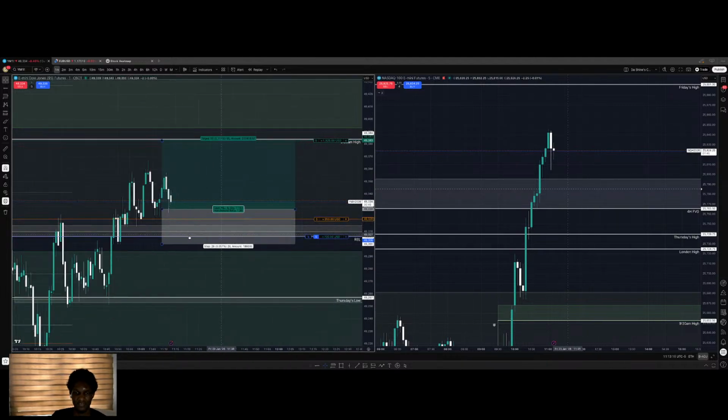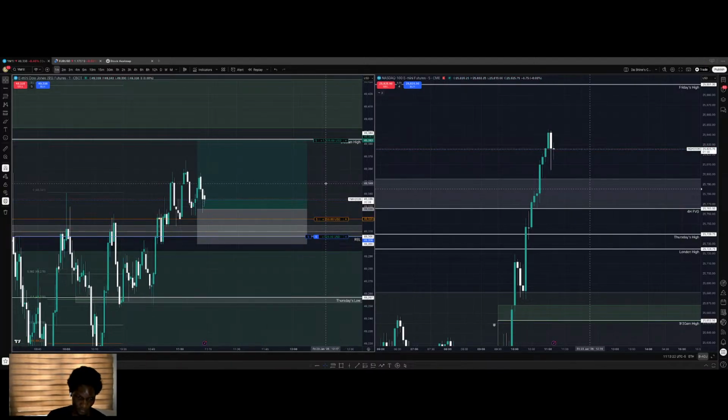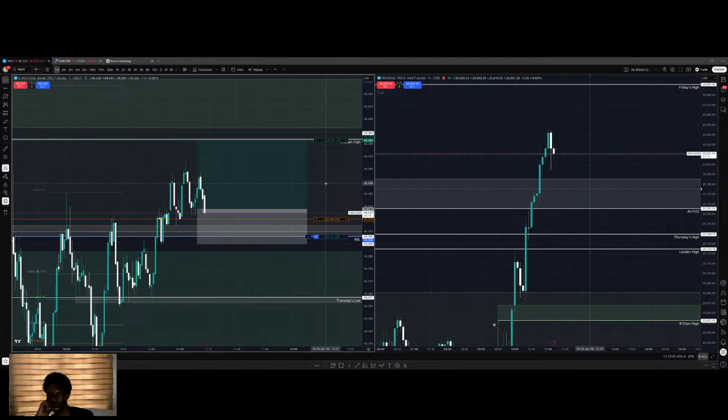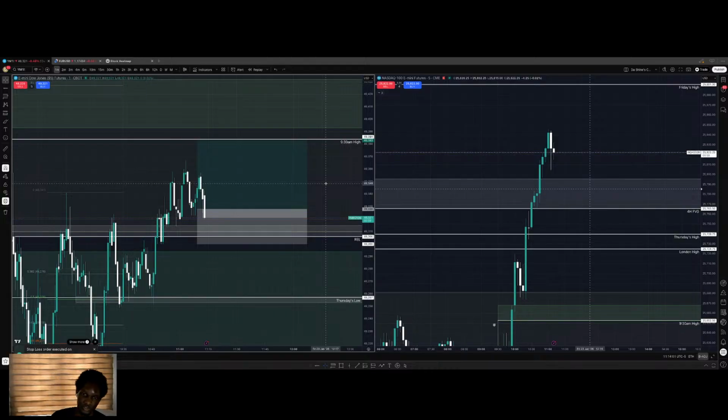So it's not looking good so far. Well, let's see if we keep respecting this order block. As long as we keep respecting this, that's good. So we just got stopped out.